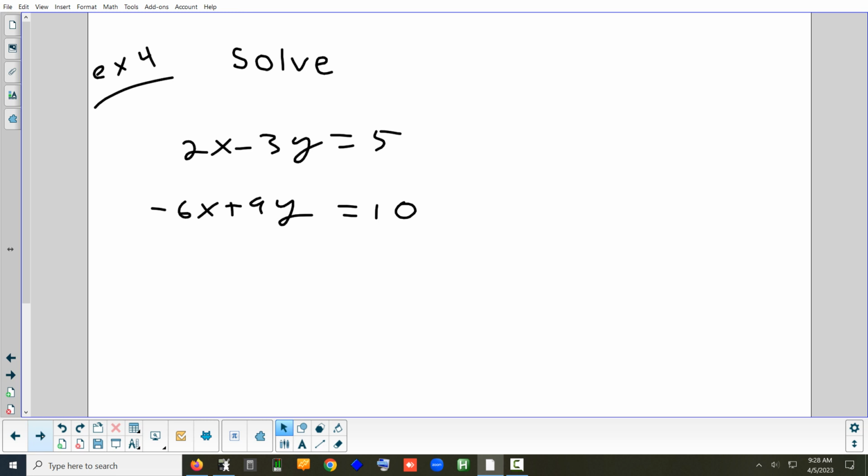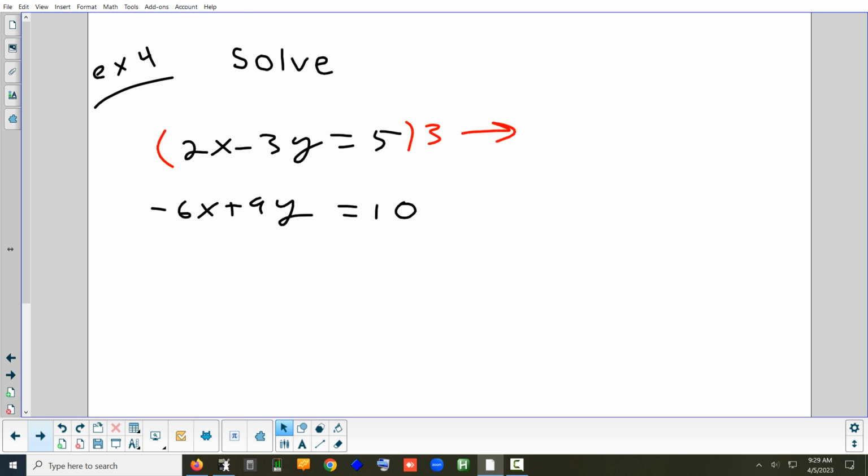All right, let's try this one. Let's say we want to eliminate the x's. If I want to eliminate the x's, look at the smaller number and see if I can multiply it by something to make it the opposite of the bigger number. Is there something I can multiply the top equation by to make it the opposite of what's in the bottom? 3.